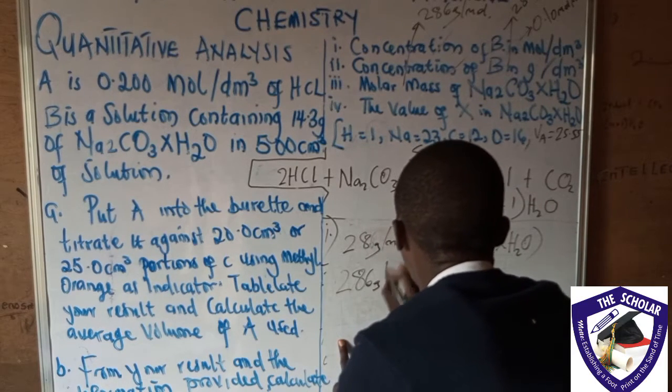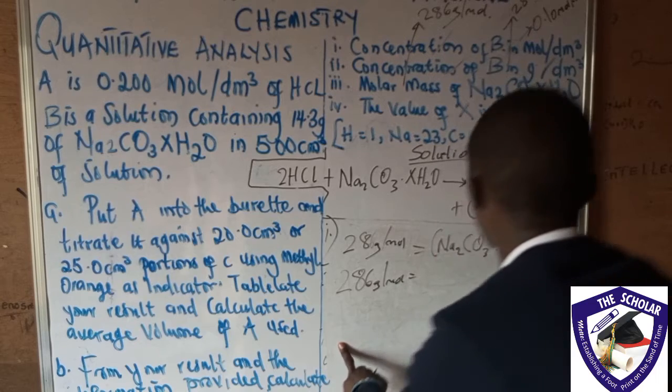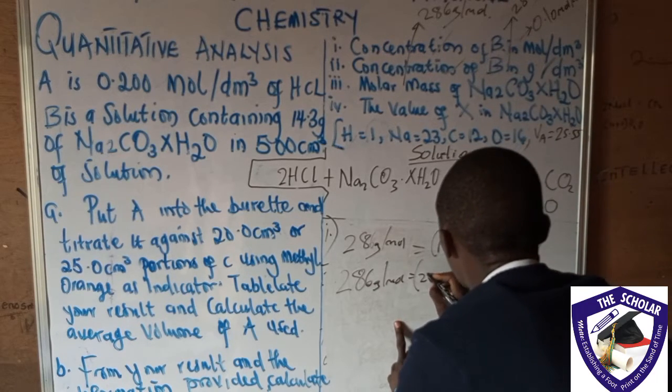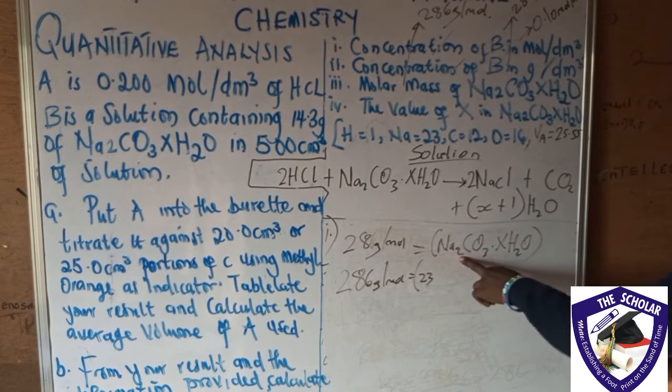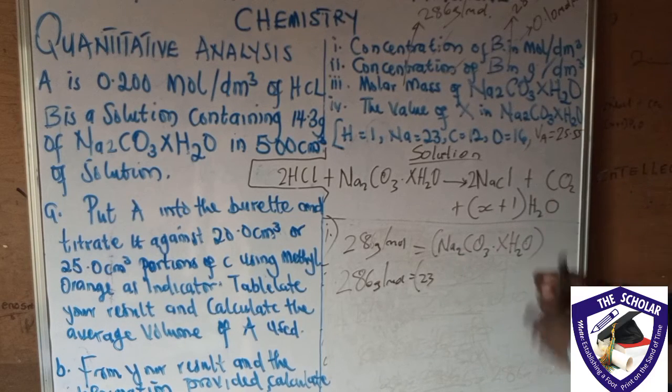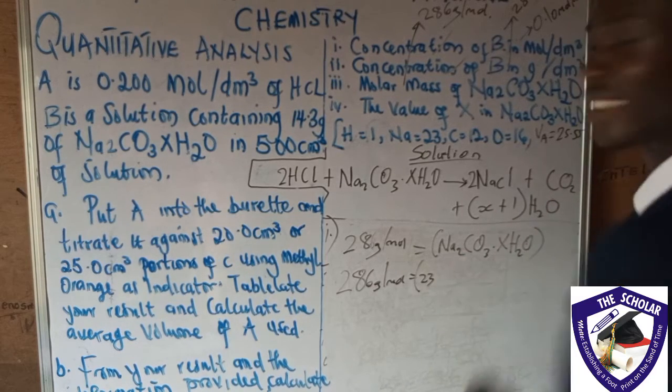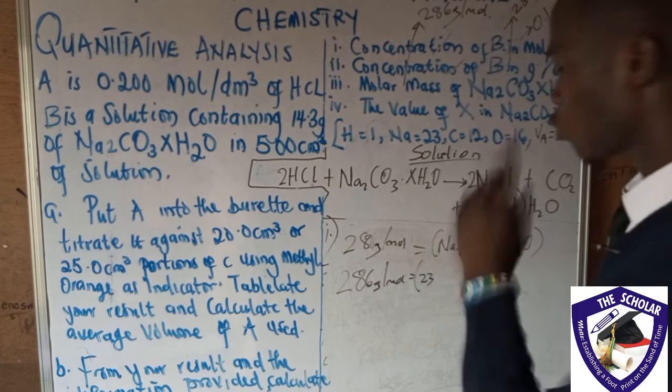So we have 286 gram per mole equal to, what is our Na? 23 times 2. We have 2 moles of sodium there. Don't make the mistake of adding 23 plus 2. No, we multiply.